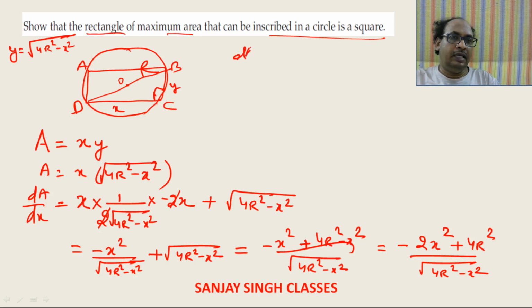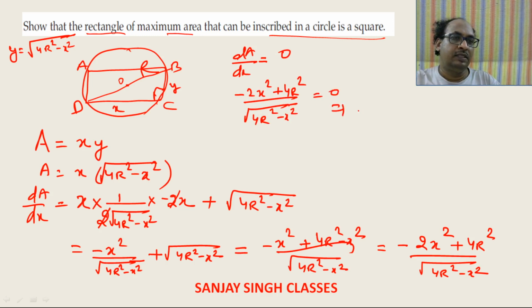So dA by dx we need to put 0, then minus 2x square plus 4r square divided by whole root 4r square minus x square will be equal to 0. This will give us minus 2x square plus 4r square is equal to 0, and then 4r square is equal to 2x square.